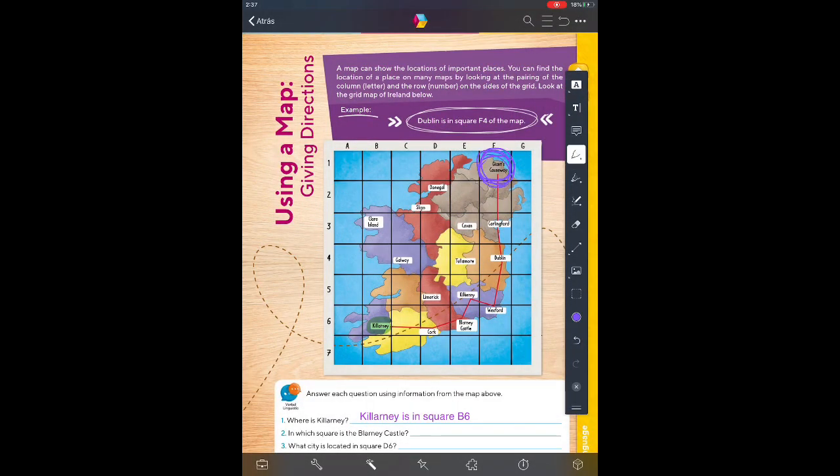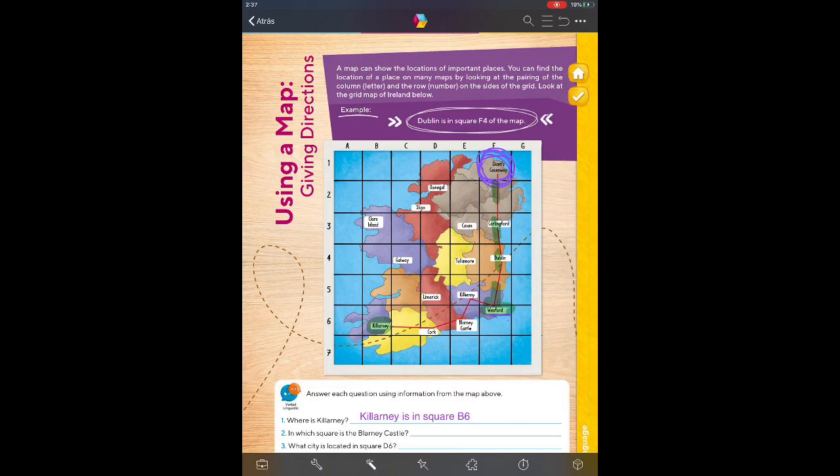We're going to start here where it says Giant's Causeway, and we need to go south until we get to Wexford. So we're going to move 1, 2, 3, 4 squares to Wexford. Okay, so 1, 2, 3, and 4 squares to get to Wexford. So we're going to write that, okay?